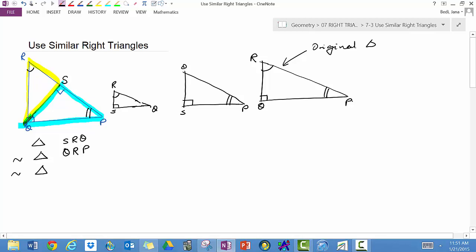okay, so let's look at triangle QRP and this triangle here. So angle Q and S are right angles. Angle P is congruent to itself. That's this.